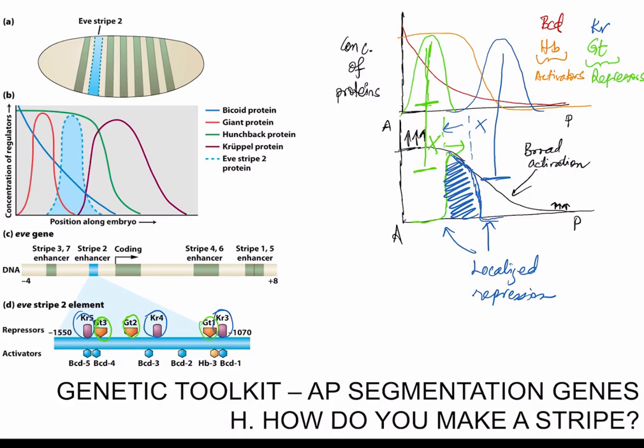And this is how progressive refinement is achieved, where there are activators that activate the gene in broad swaths of the embryo, but the enhancers contain binding sites for combinations of transcription factors that narrow down the expression through repression in the specific areas of the embryo.